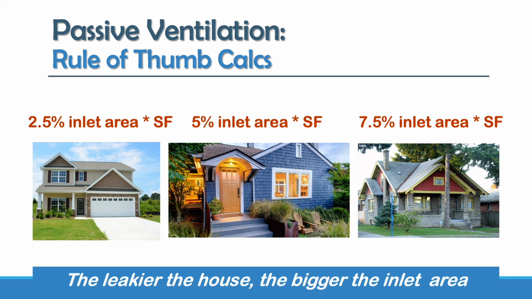With an old house, where there's more air infiltration happening throughout the entire building envelope, we need to have a larger inlet area. And remember, we also need to have where the air is exhausting be larger as well in order to create those convective air currents that are needed to get some good positive convective airflow.